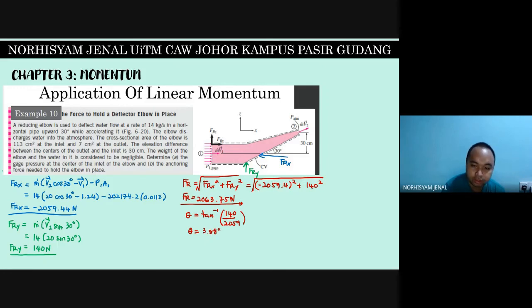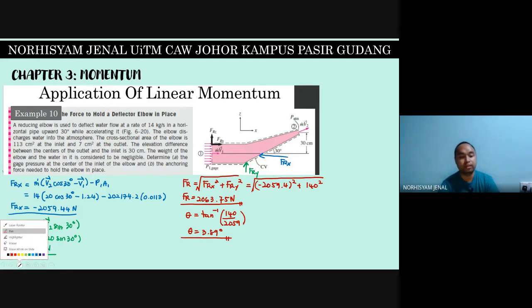Okay, 3.9 degree. Oh, this is a weird number. But don't worry, just put whatever that we have here. So 3.89 degree. That will be for the angle theta. So why is it important to find out what is the angle theta over here?